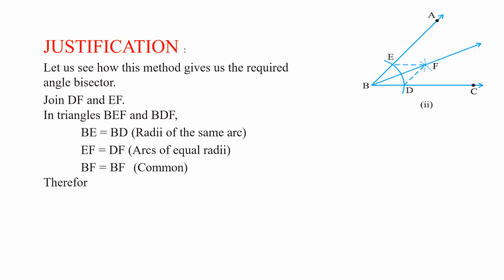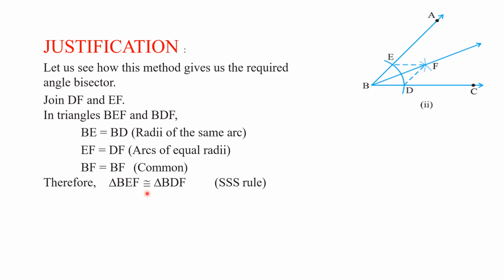So in these two triangles, three sides in one triangle are equal to the corresponding three sides in the other triangle. Therefore, triangle BEF is congruent to triangle BDF by the SSS congruence rule.